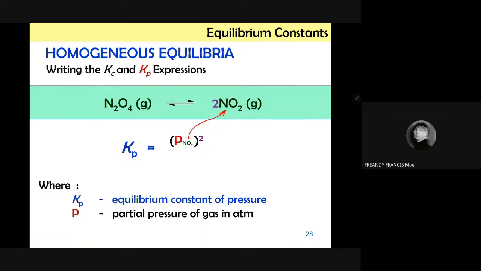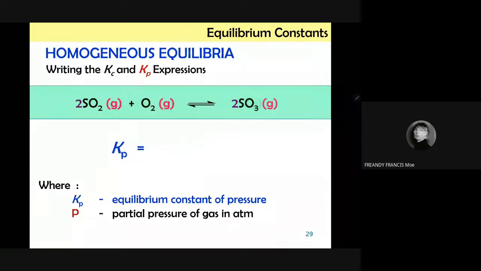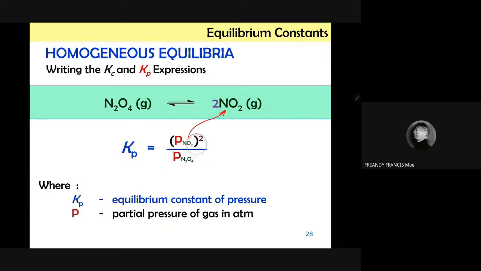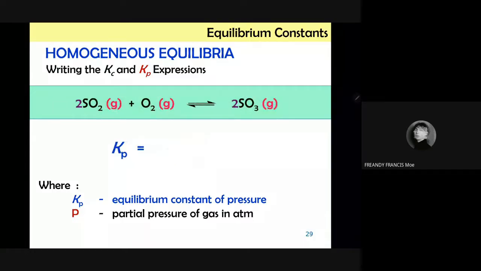Tak ada bracket sebab the whole thing to the power of 1. Tapi senang nak biasakan diri, letak je bracket. Tak ada masalah. Walaupun to the power of 1. Okay. So, I want you to try to write down the Kp untuk this expression now. Remember, kita guna P besar.